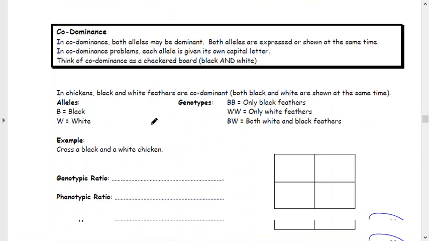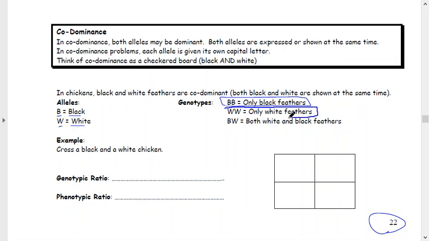Let's look at codominance. This is kind of the other option. Same thing, there are no recessive alleles, therefore there are no lowercase letters. Your two dominant alleles each get a capital letter. So B is going to get us black feathers in this chicken, and W will get us white feathers. If you are homozygous for black feathers, you are capital B, capital B. Capital W means you're a white feathered chicken.